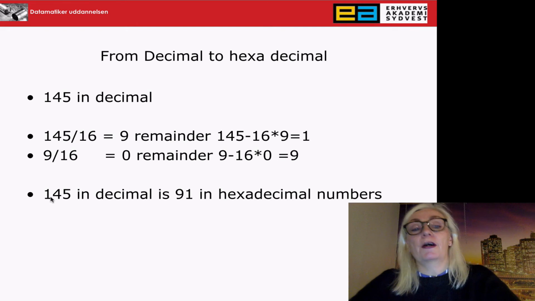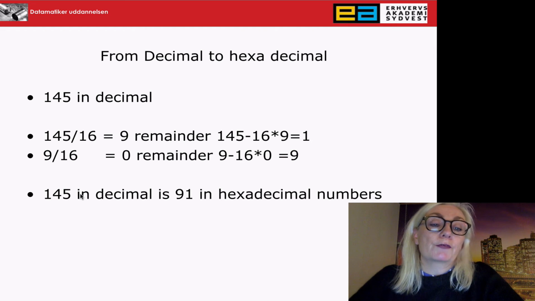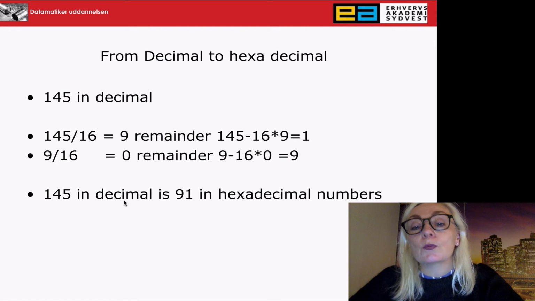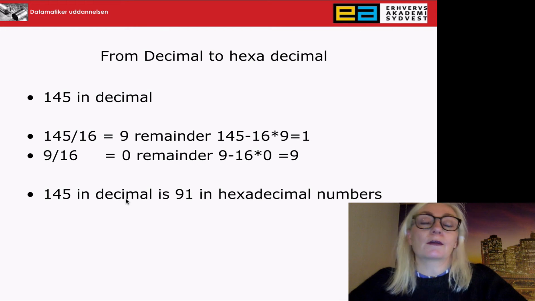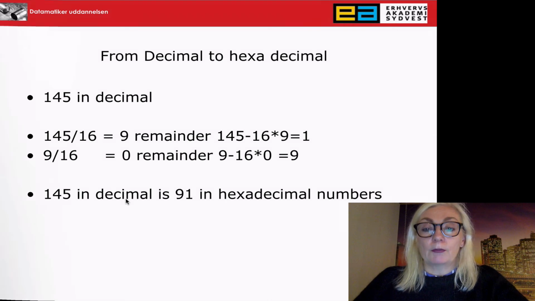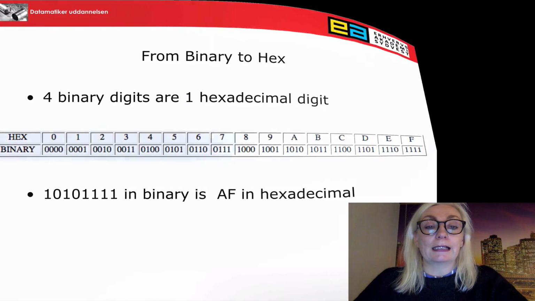So 145 in decimal is 91 in hexadecimal numbers. It's a little bit more annoying to calculate because the numbers are bigger, but the principle is the same. I will not show you another example now. I think we will do that later on in class.